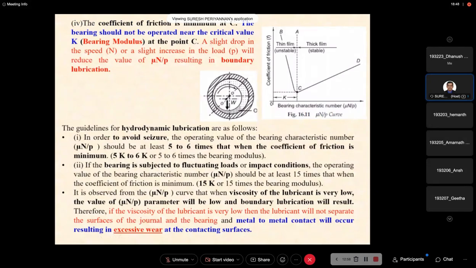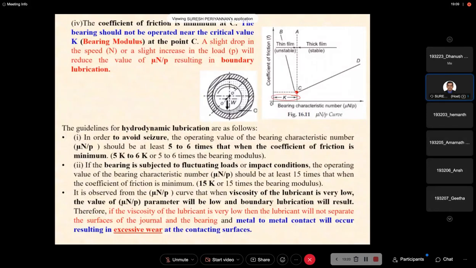Now see here, the coefficient of friction is minimum at C. The bearing should not be preferred near this critical value of K, which is nothing but our bearing modulus at point C.